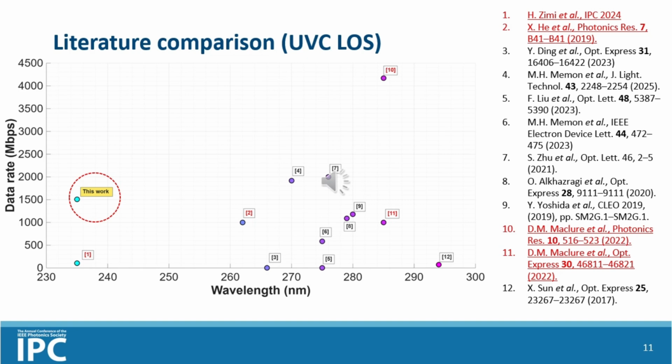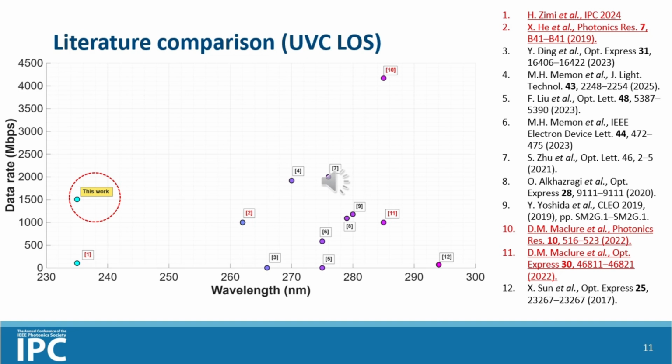As I said earlier in the presentation, most of the work reported previously has been for LEDs with peak wavelengths of around 270 nanometers or longer. As you can see from this figure, this work is some of the only work with LEDs with the peak wavelength as short as 235 nanometers. Furthermore, the data rates that have been achieved are broadly comparable to what has been reported already elsewhere using LEDs of longer wavelengths.